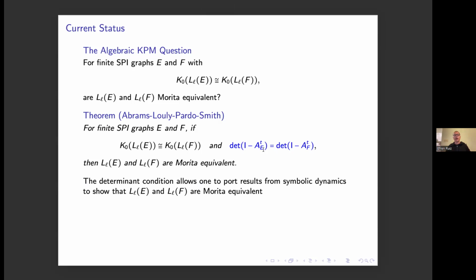A lot of the classification results involving C-star algebras, this is where most of our ideas come from: we use a lot of symbolic dynamics, in particular flow equivalence, to tell us something about the graph C-star algebras. And this is what Abrams and his co-authors did in this case as well.